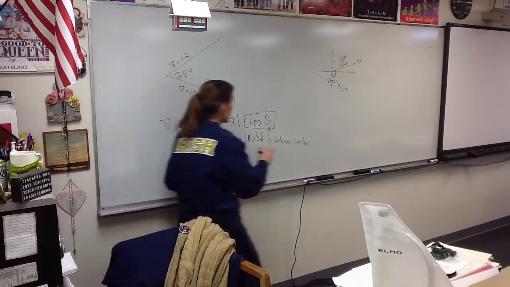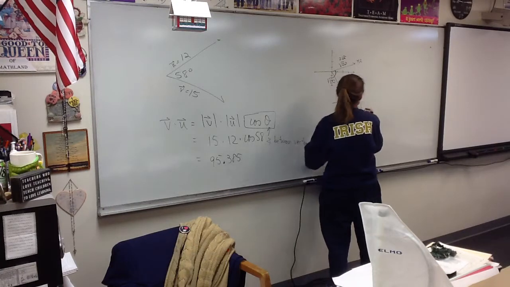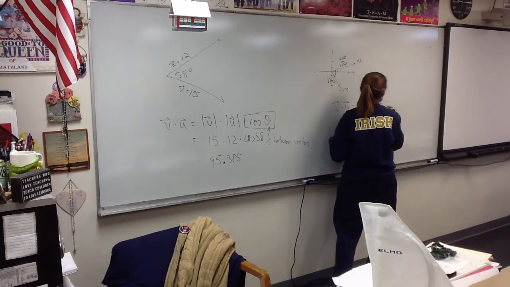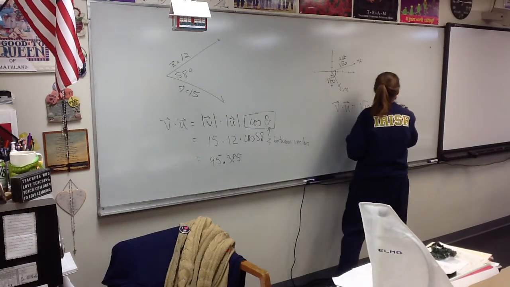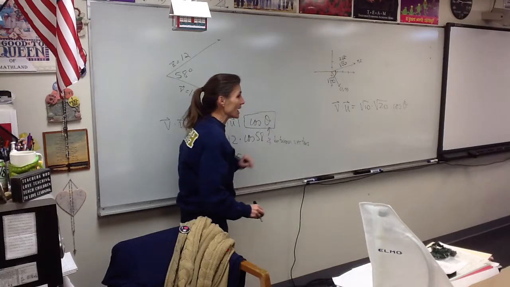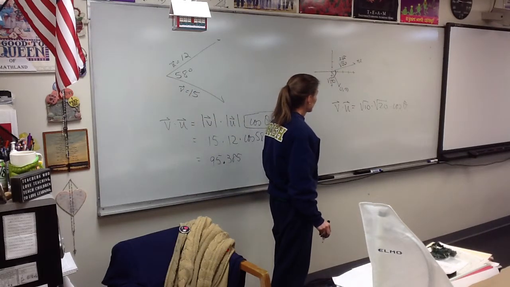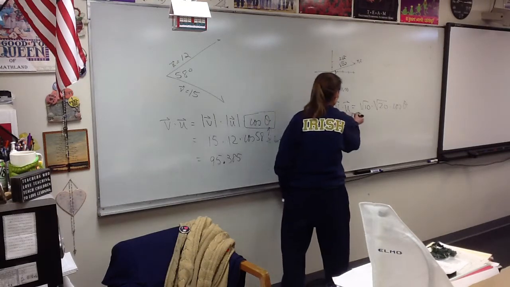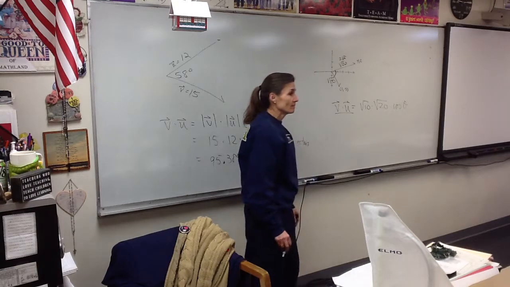So I know the magnitude of my first vector, the magnitude of my second vector, I'm just going to leave it root 20, and I need the cosine of the angle between them. I'm looking for that angle. That's my unknown. Shoot, it would be great if I knew what this was. Then I'd have an equation I could solve.